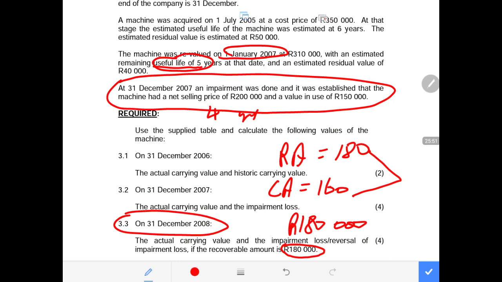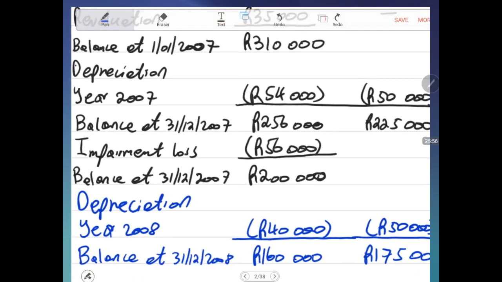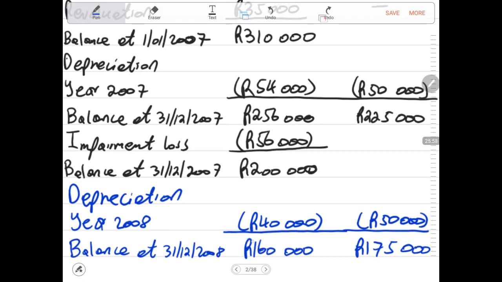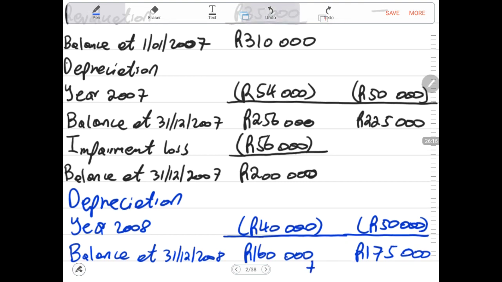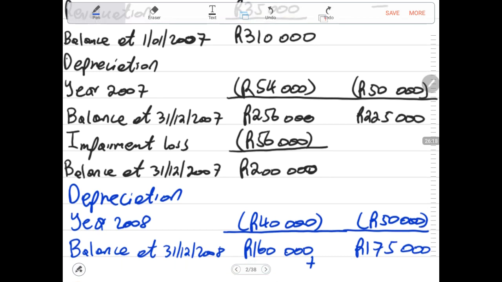Now when we reverse the impairment of the previous year, it should be such that our carrying amount after the reversal should be not less than the 175,000. Meaning now we need to say how much must be reversed such that when we add it here, it becomes 175,000. Obviously, we can't reverse the entire 56,000.